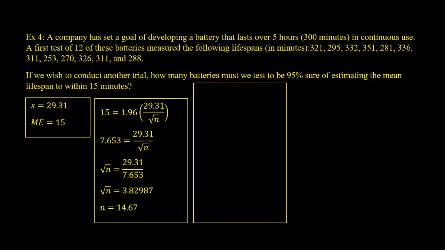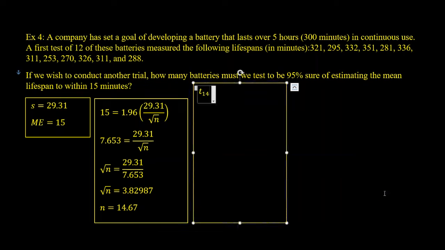So we would need 15 batteries to estimate the lifespan within 15 minutes if we were using a normal model. But we can't use a normal model. We want to use a T. So we're going to redo this using 15 minus 1, or 14 degrees of freedom.